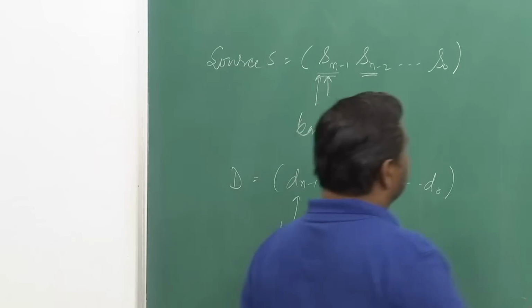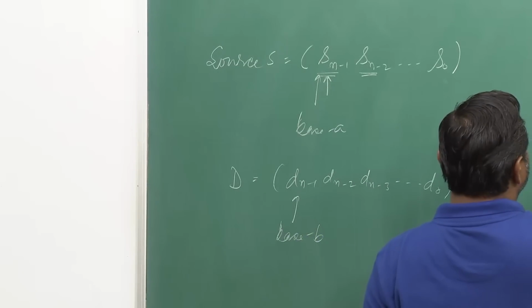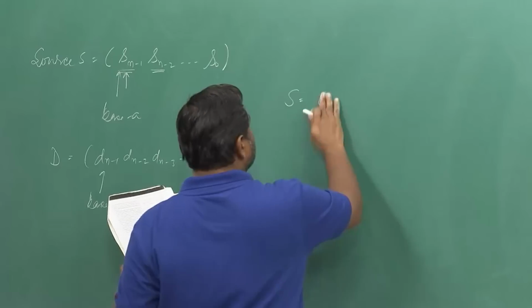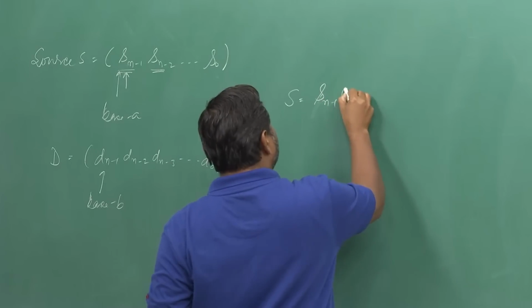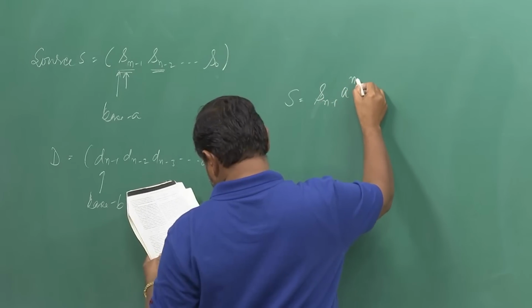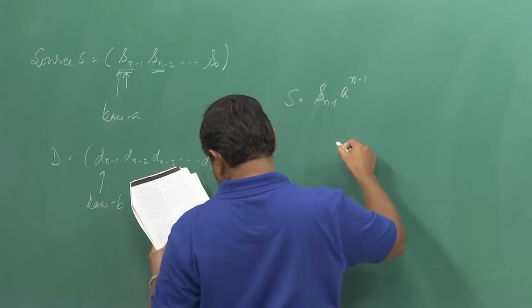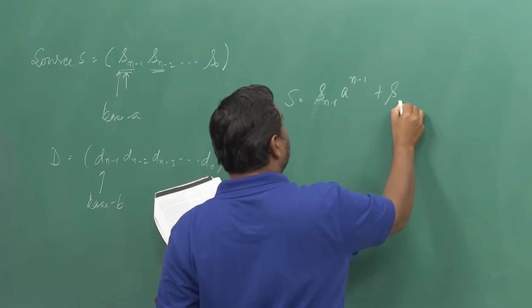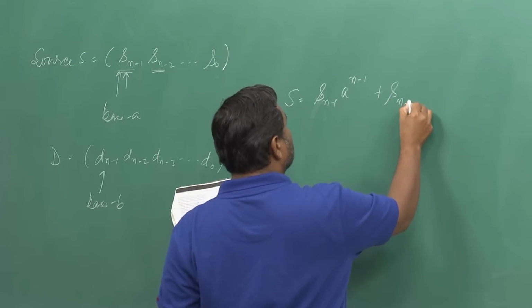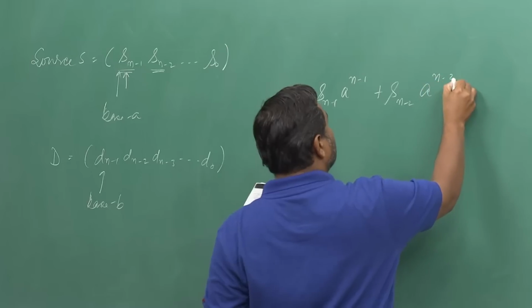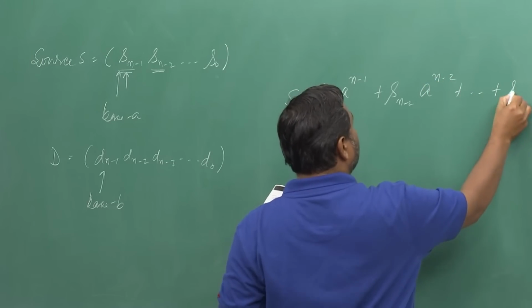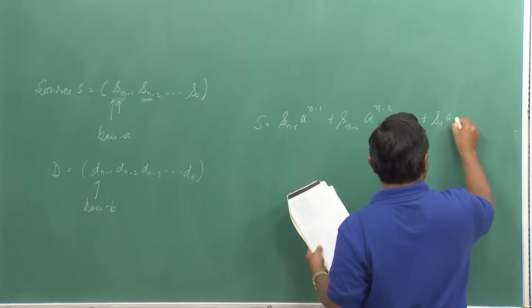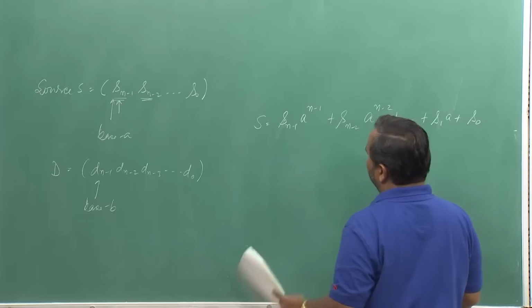So, in fact the source S now can be written as S n minus 1 a raised power n minus 1 and so on till S1 a plus S0.